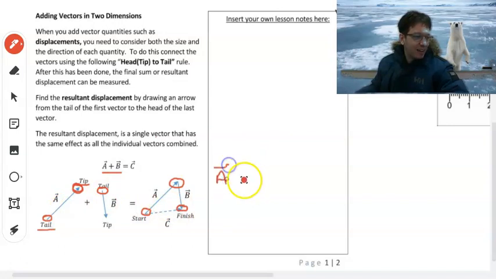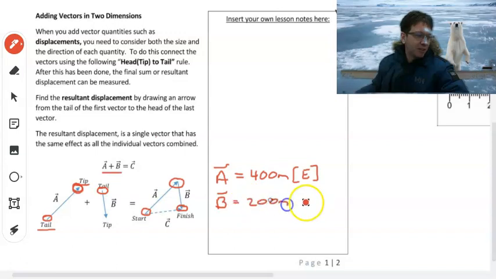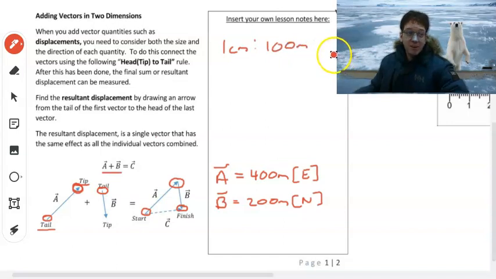Let's create A. A is going to be, let's say, 400 meters east, and we want to add B to it, which is going to be 200 meters north. Okay. We need to draw a scale. I'm going to make 1 centimeter equivalent to 100 meters. Just like something you would see on a map, right?